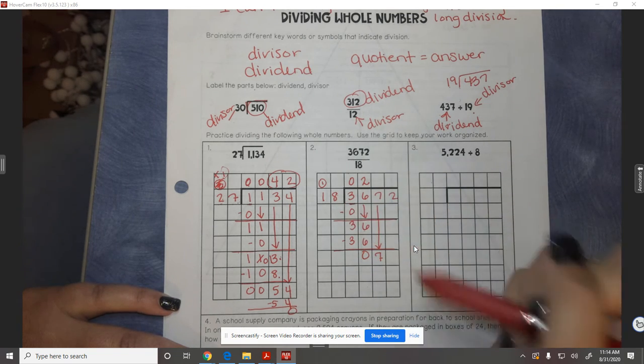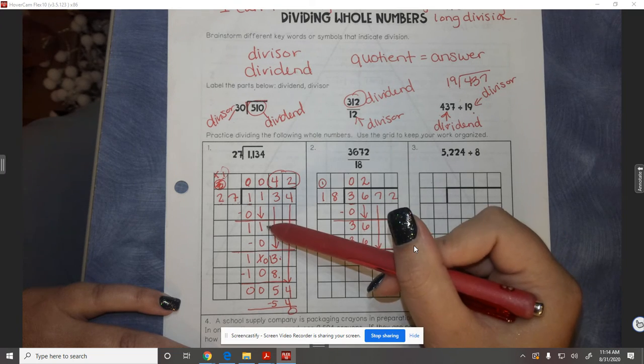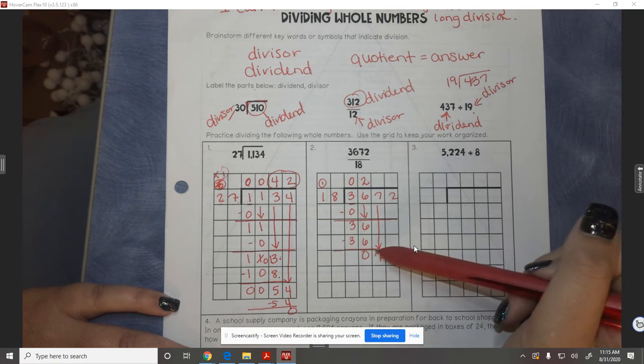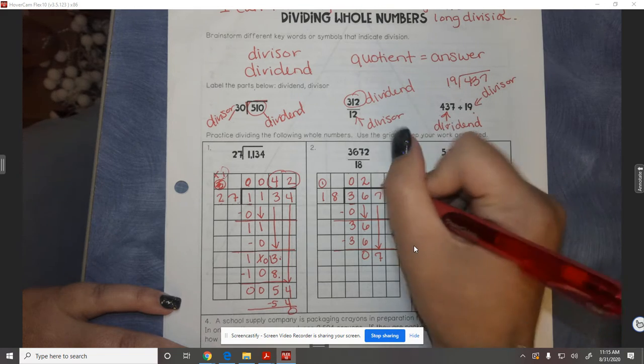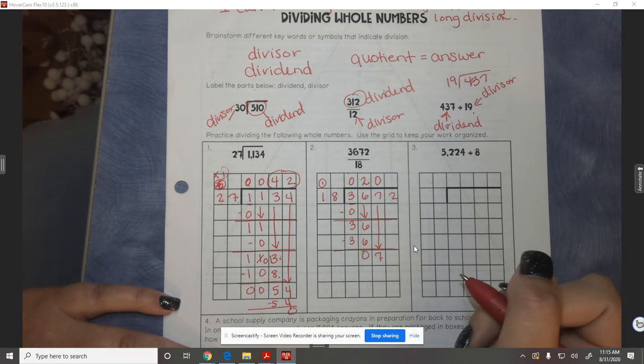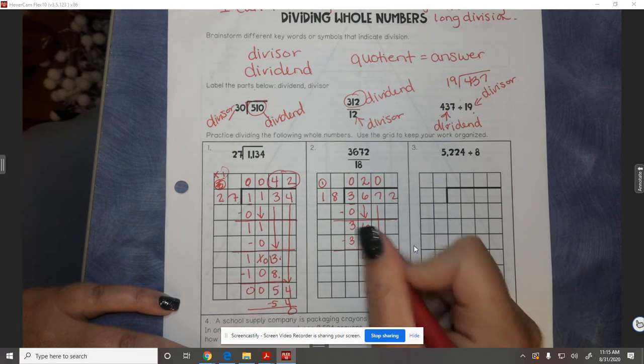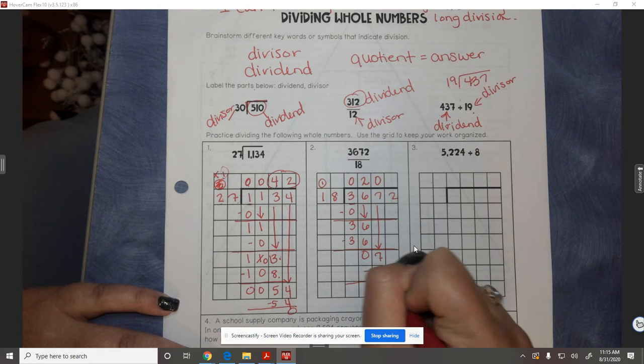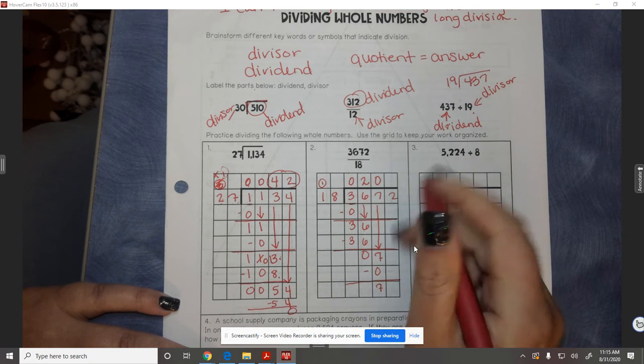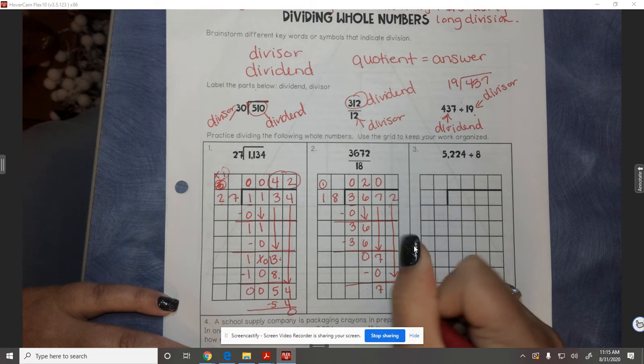How many times will 18 go into 7? Well, like we said over here, if our divisor is smaller than our difference, then it's going to go in 0 times. So 0 times 18 is 0. Bring down 7. Bring down our 2.